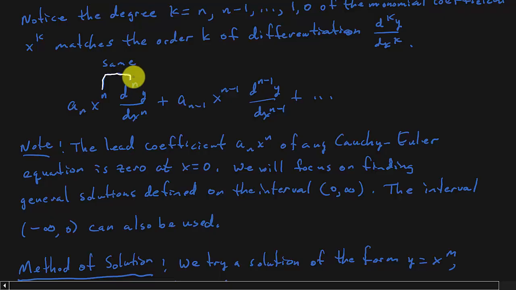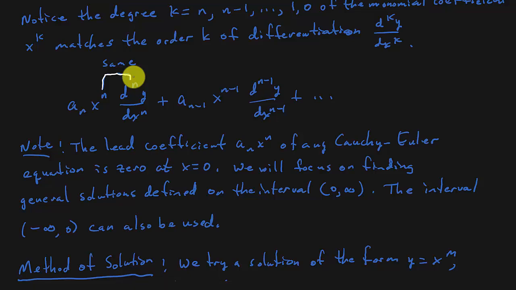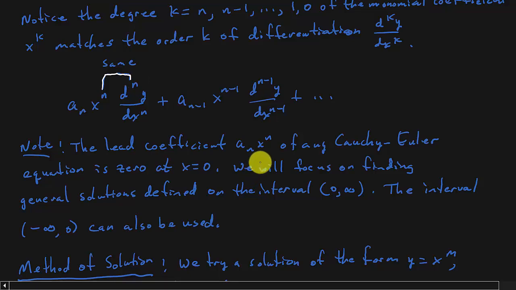Note the lead coefficient a sub n times x to the n of any Cauchy-Euler equation is 0 at x equals 0. We will focus on finding general solutions defined on the interval 0 to infinity, and the interval negative infinity to 0 can also be used.